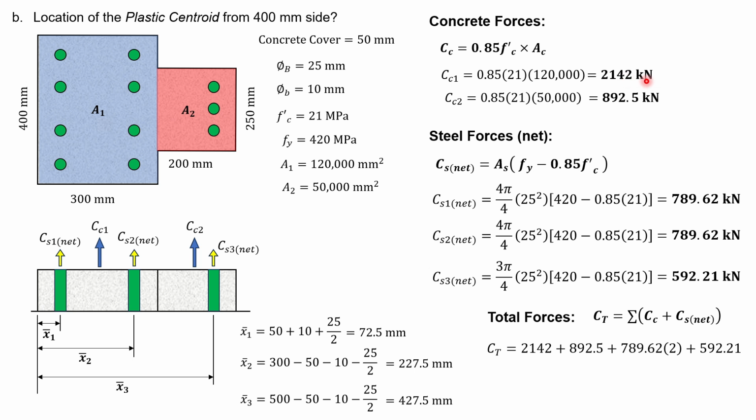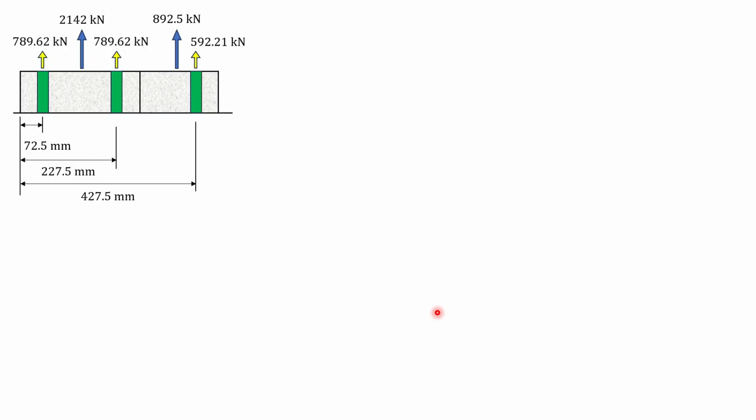That is 2142 plus 892.5 plus, for the steel, we have 789.62 multiplied that by 2 dahil dalawa naman, plus 592.21 kilonewton. Then finally, our resultant force is actually equal to 5,205.95 kilonewton.